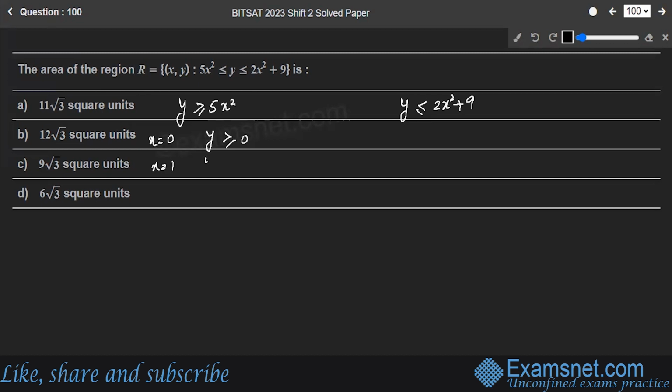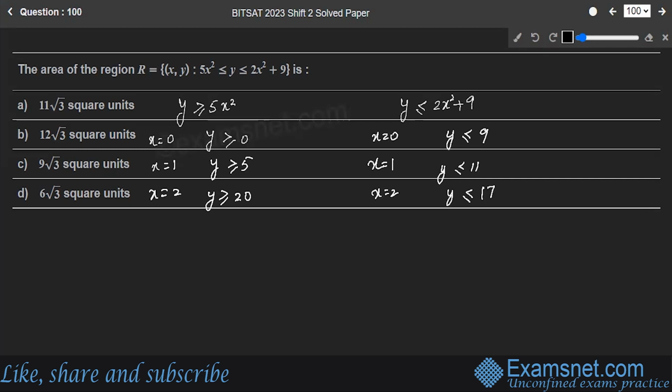If I put x equal to 1, you will have y greater than or equal to 5. For x equal to 2, y is greater than or equal to 20. And if I put x equal to 0, you will have y less than or equal to 9. For x equal to 1, you will have y less than or equal to 11. And for x equal to 2, this will be 4 and 4, 8, so y is less than or equal to 17.